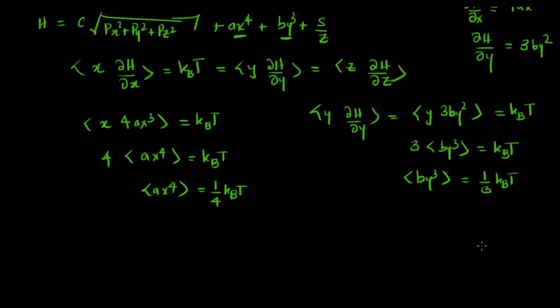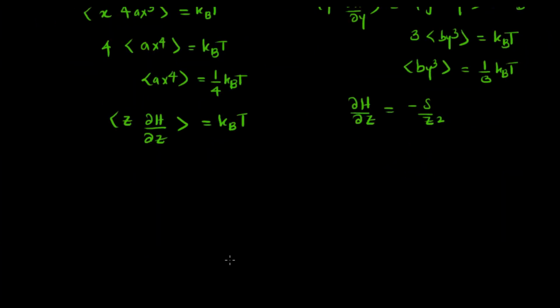Now we are left with s by z, and we need to find z dH/dz, which is equal to k_B T by the general equipartition theorem. We know that dH/dz will be minus s by z squared.